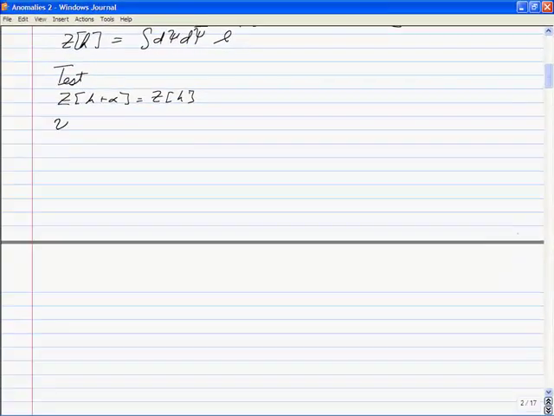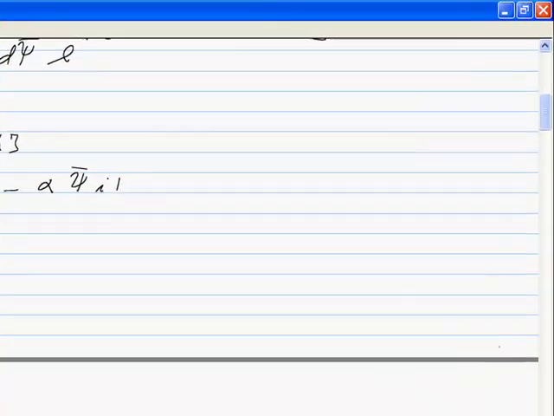So we have psi bar d slash psi is psi bar prime i d slash psi prime minus alpha psi bar i d slash psi.